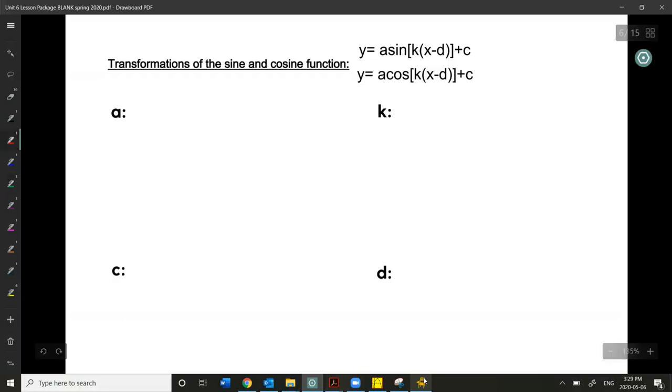Okay, so from our transformations unit, there is information that we can get about vertical and horizontal stretches, compressions, and shifts. So if a is greater than 1 or less than -1, you have a vertical stretch.